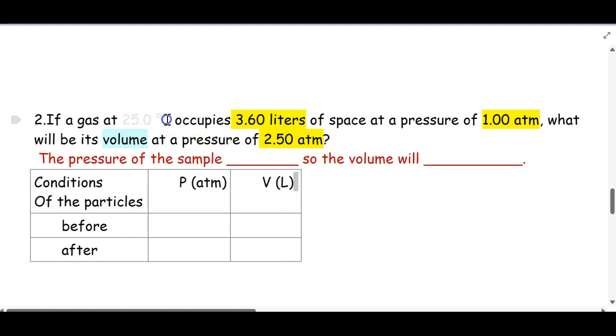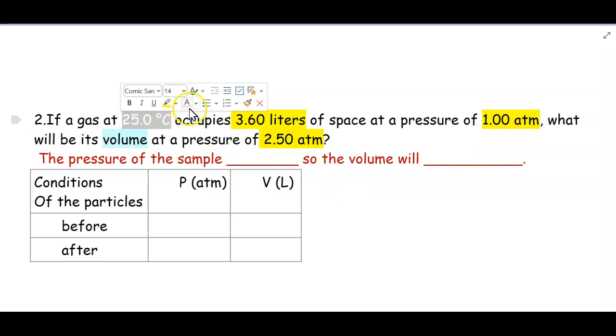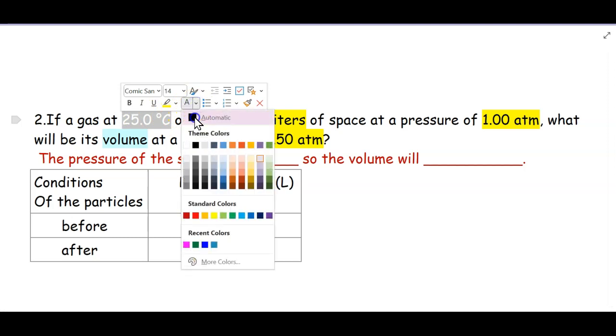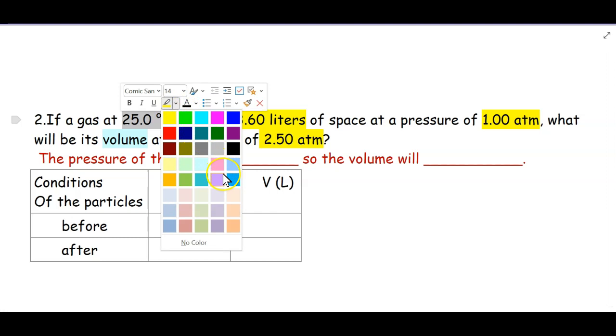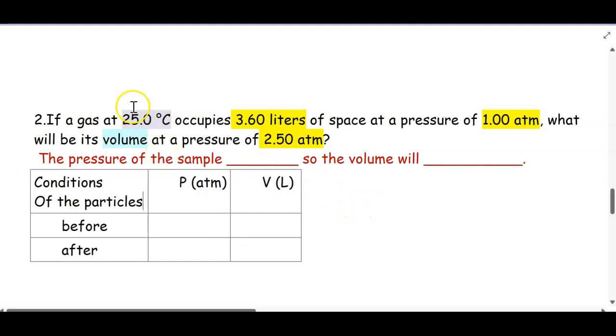All right, so this is just a constant up here. Because remember, we're doing pressure and volume, right? Yeah, so any other number we get is just telling us what is constant.